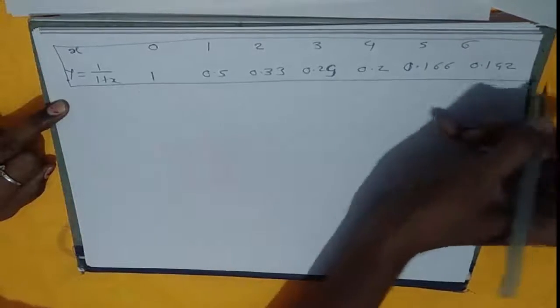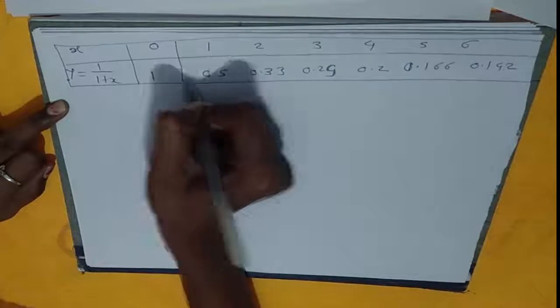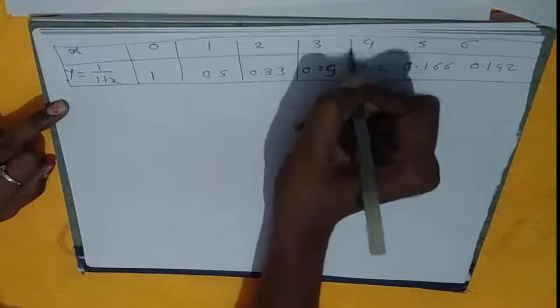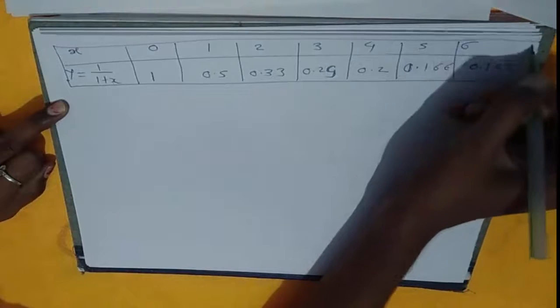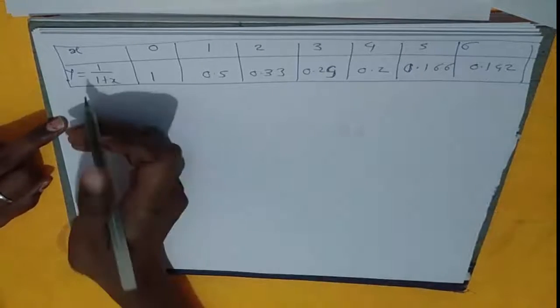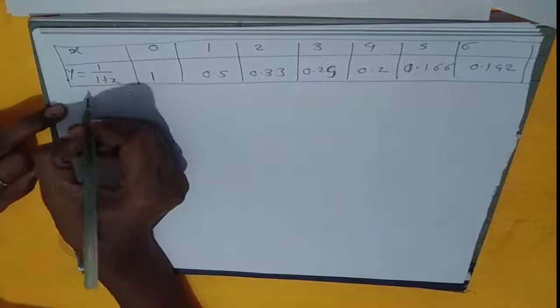Okay, then using the set of data points we have to evaluate the integral from 0 to 6 of 1 upon 1 plus x dx, that is nothing but the value of log 7 to the base e.